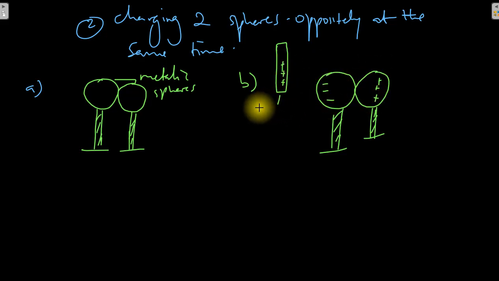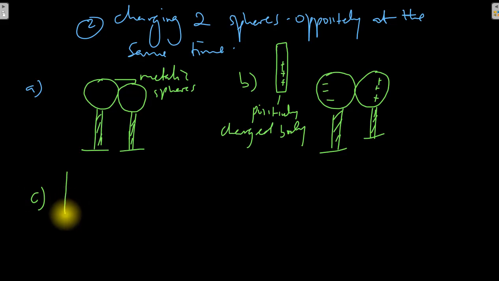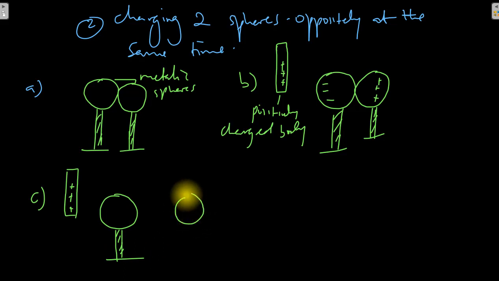So this is a positively charged body. We could also do this with a negatively charged body. This would be positive, this would be negative, same thing. Okay, the third step, we have to make sure that this remains in place, and while it remains in place, we separate the two spheres.